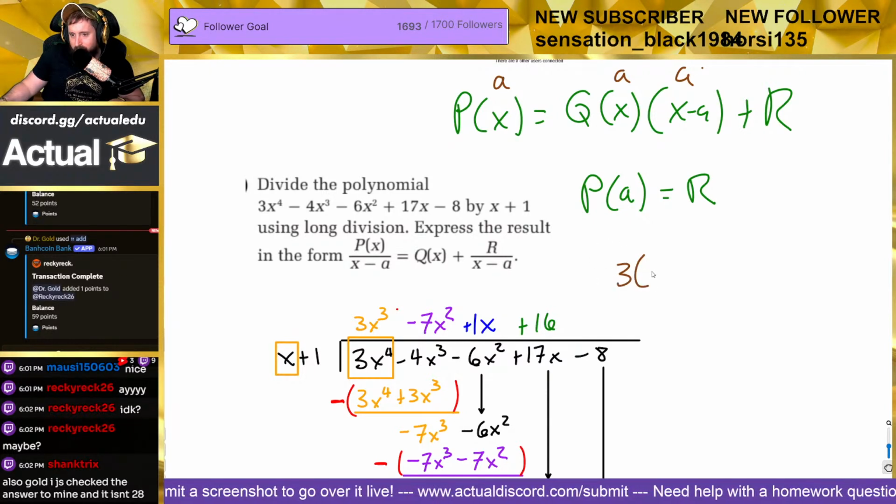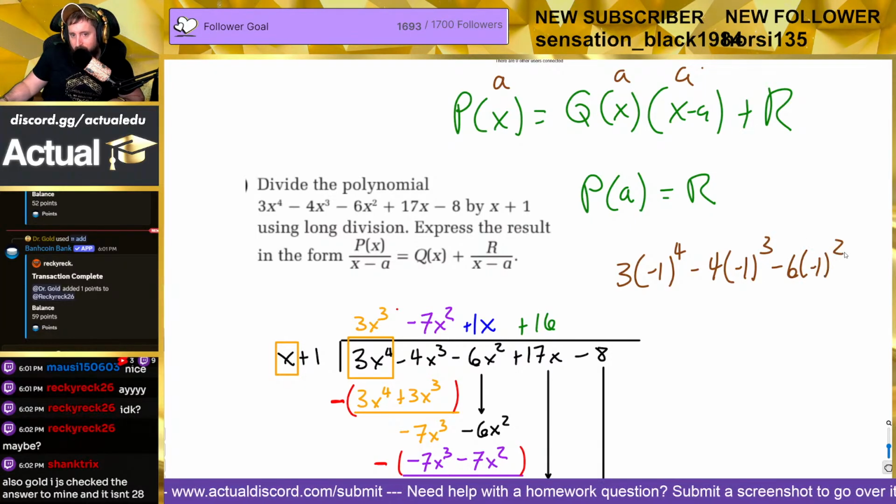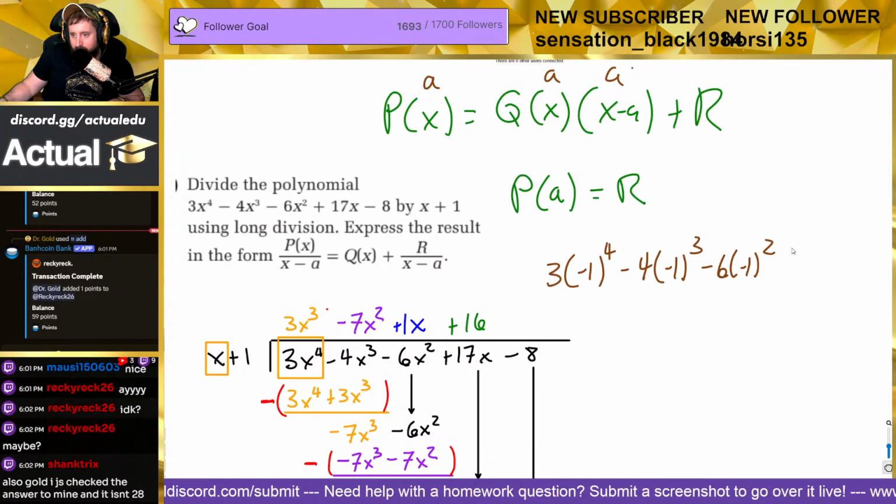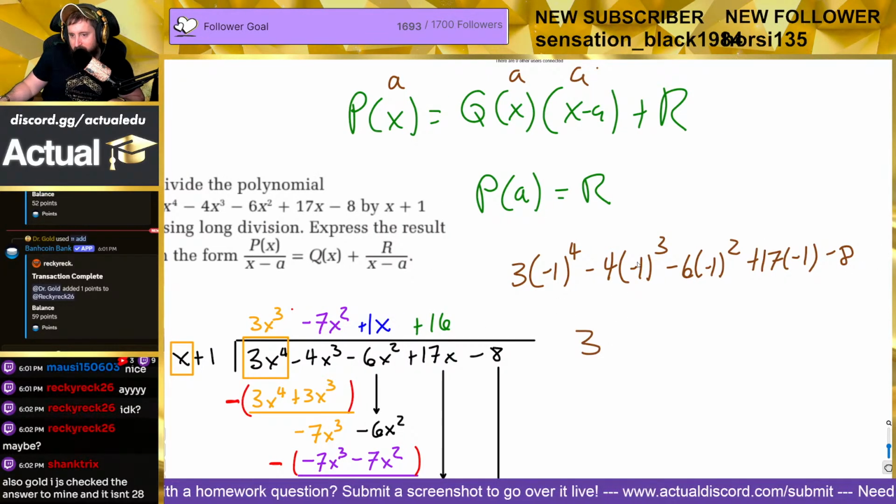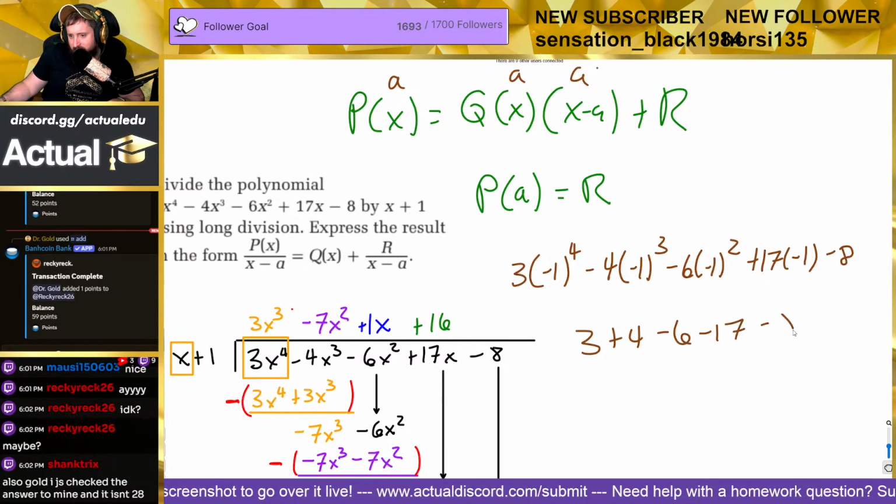So 3 times -1 to the 4th minus 4 times -1 to the 3rd minus 6 times -1 squared plus 17 times -1 minus 8. Let's just see what we get here. So this is 3 minus minus, so that's going to be plus 4 minus 6 minus 17 minus 8.